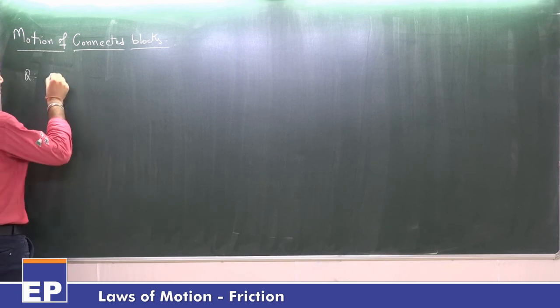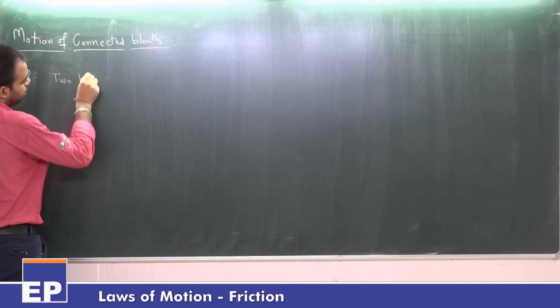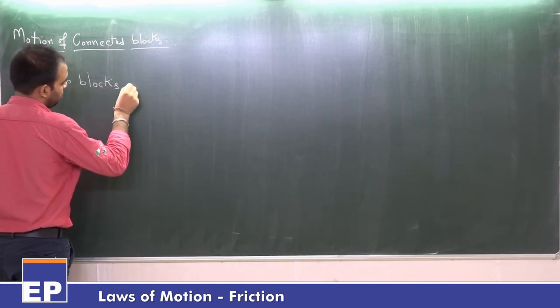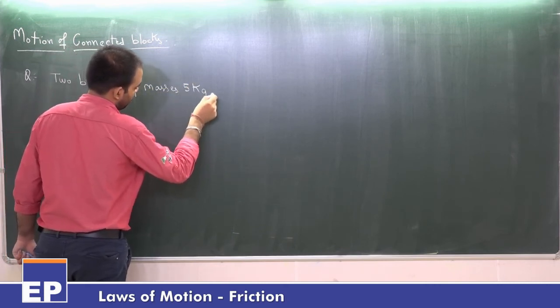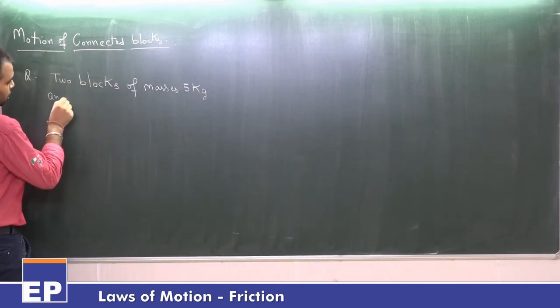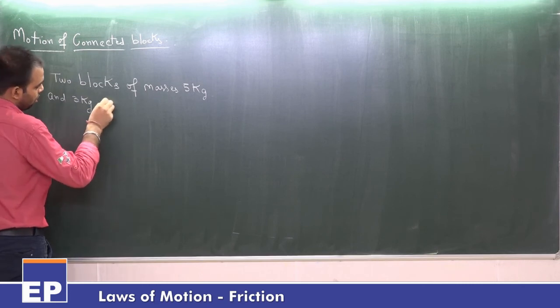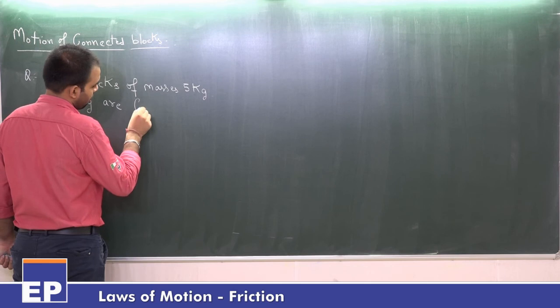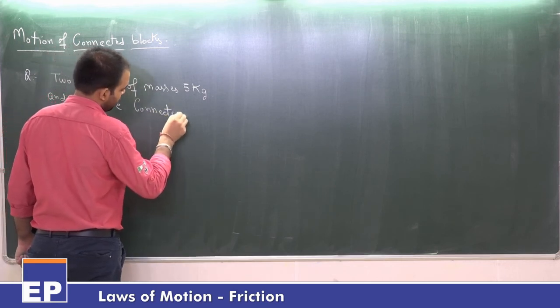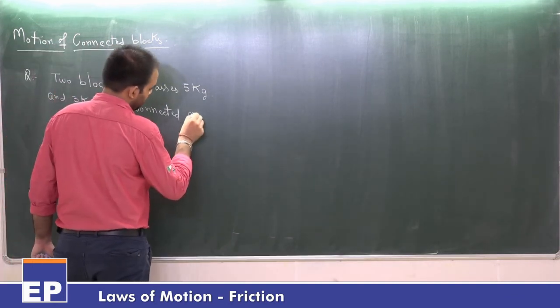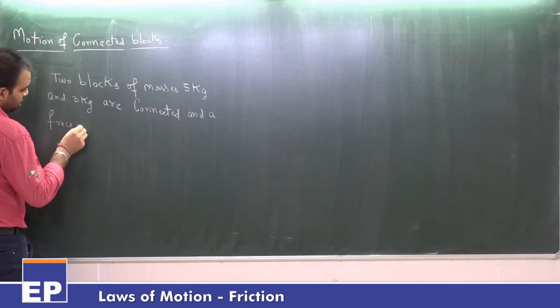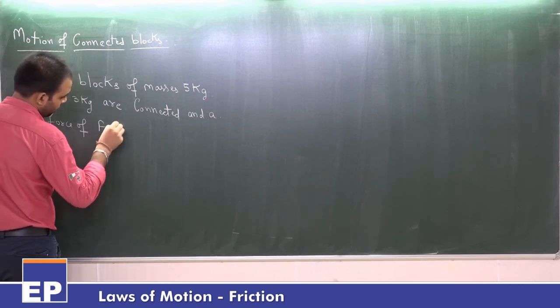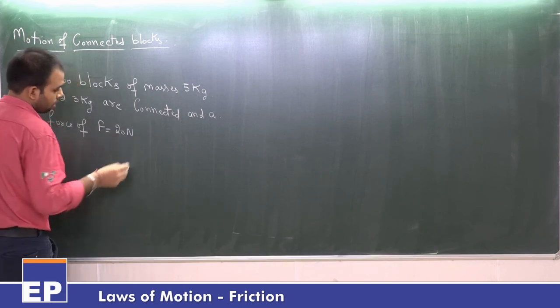Let's write the question. Two blocks of masses 5 kg and 3 kg are connected and a force of 20 Newton is applied.